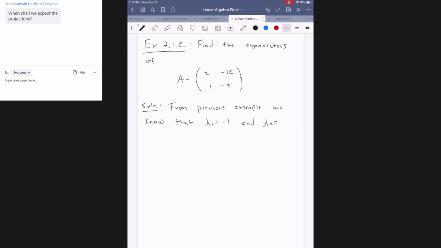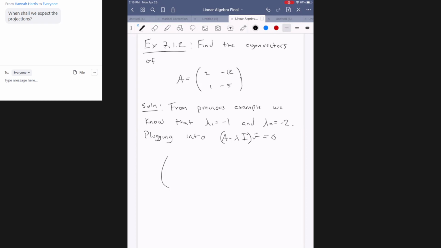It doesn't matter which one I choose. These are what we found. So plugging into A minus lambda I times v is equal to 0, we get what?